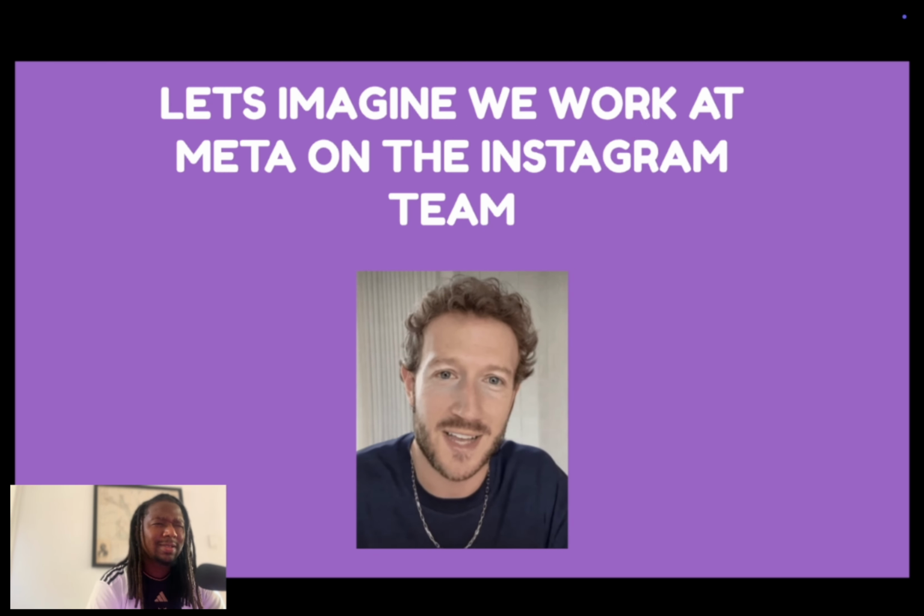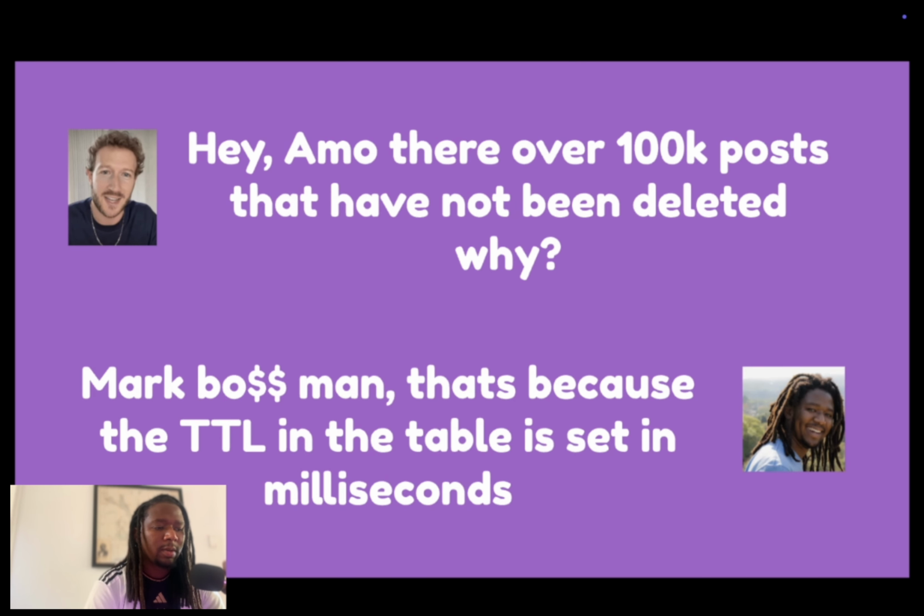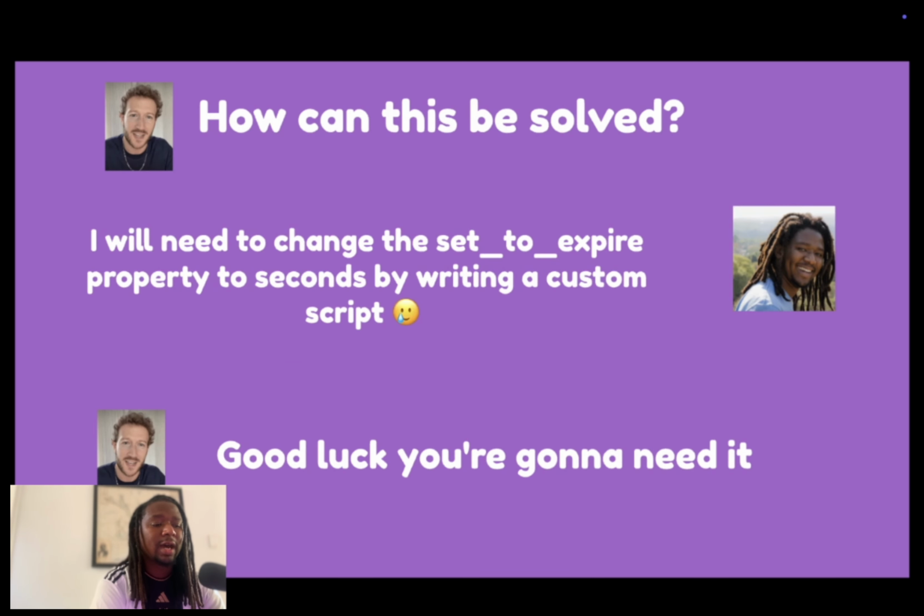Right, so let's imagine a scenario where I work at Meta on the Instagram team, and Mark Zuckerberg says, hey Amo, you've got well over 100,000 posts that have not been deleted for some particular reason. And I'm like, hey Mark, boss man, I know why. That's simply because the TTL in the table is set to milliseconds. Mark's quite a smart guy, and he probably knows the answer, and he asks me how this can be solved.